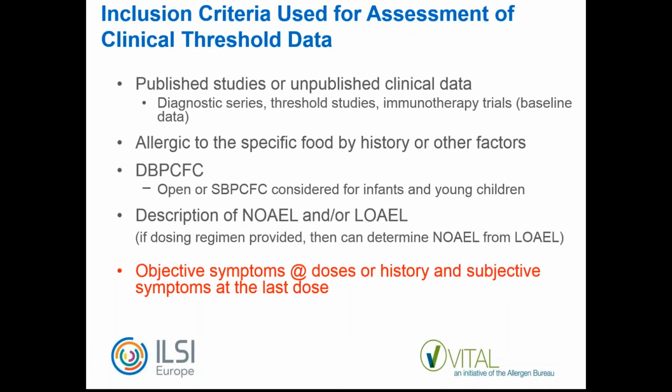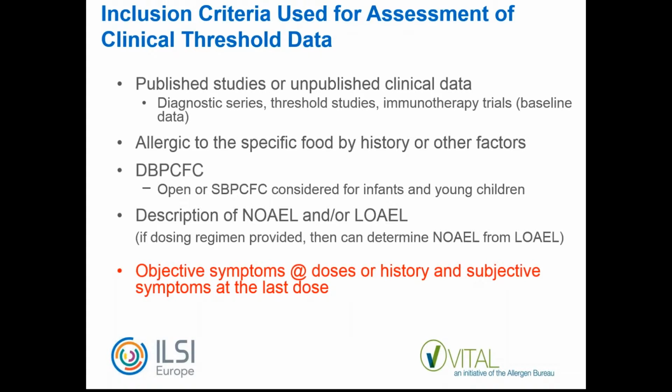So individuals had to have an objective reaction, something that could be visually observed by the clinician or research nurse and documented, rather than subjective endpoints, something such as an itchy mouth that cannot be measured. And in those cases, we know subjective endpoints can be called differently by various clinicians and nurses.